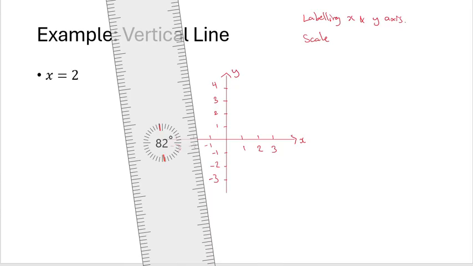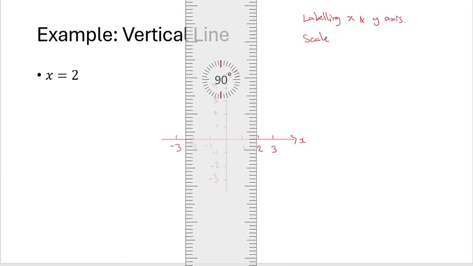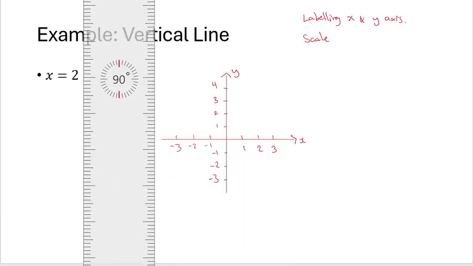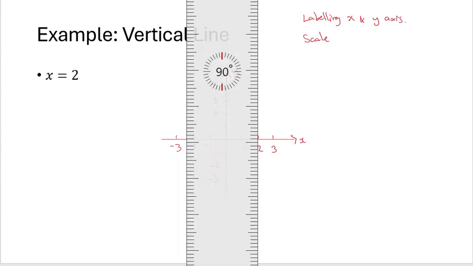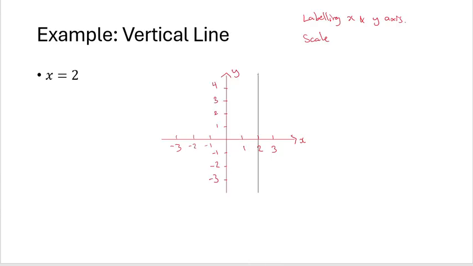So now that x equals 2 is done, and I know it's a vertical line, I'm just going to find where x equals 2 is on the x-axis. As you can see, I've just lined it up. And now I'm just going to draw a vertical line. Just like that.